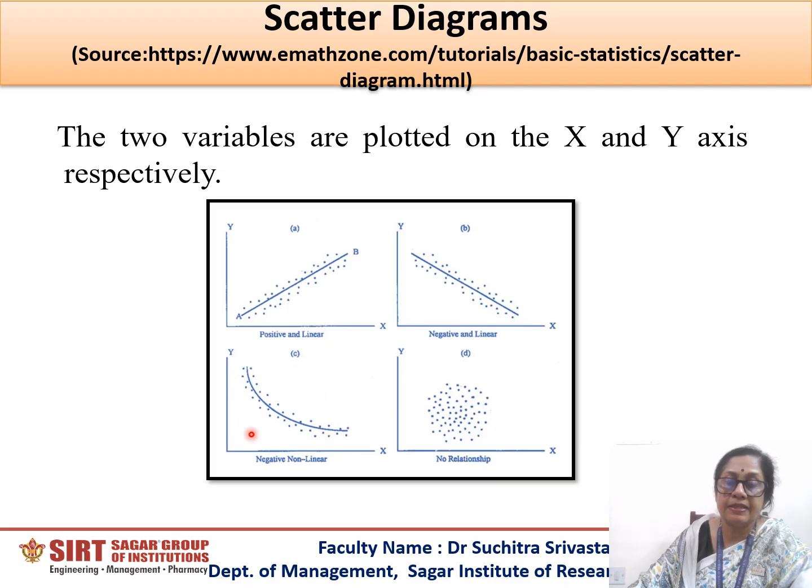So by looking at this graph, you can say that there is a negative non-linear relationship between the variables. Now look at this graph. In this we have a cloud of points. We cannot fit either a straight line or a curve through these points, and hence we say that there is no correlation between variables x and y.